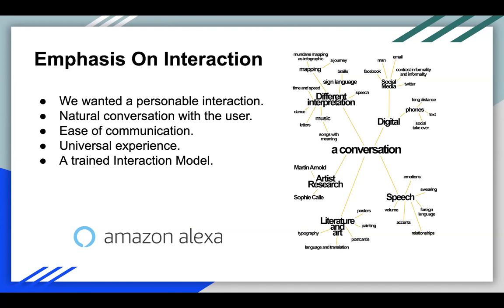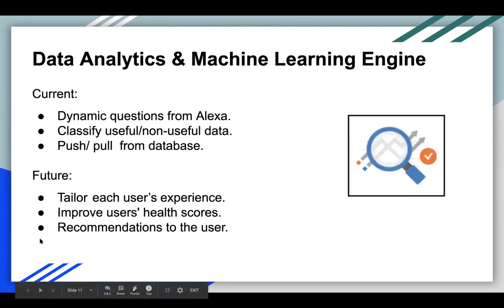We did so by providing hundreds of utterances and hundreds of keywords to train the interaction model and then allow for a more seamless universal interaction with the user. The data analytics engine then does the rest. We implemented the ability to, as mentioned before, dynamically ask questions.